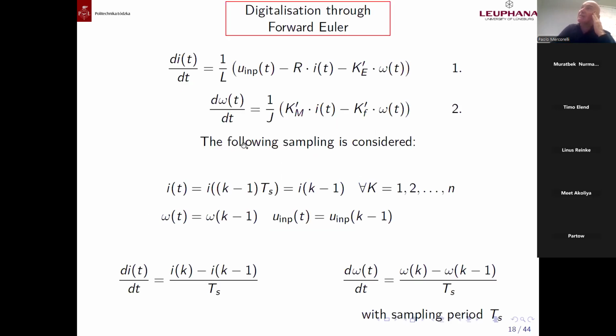I would like to skip this because at this moment it's not relevant in this course. But now, again, the concept of discretization. This is the model characterized by two equations, equation 1 and equation 2.